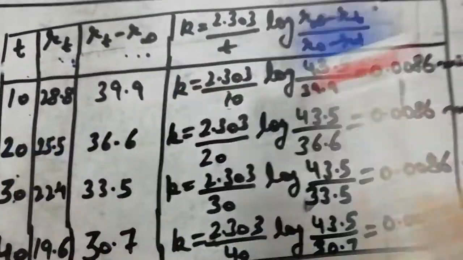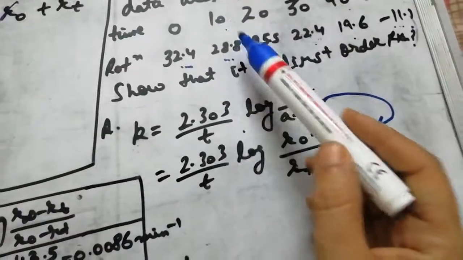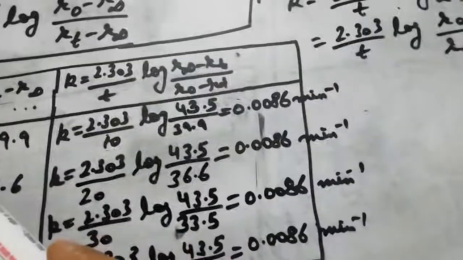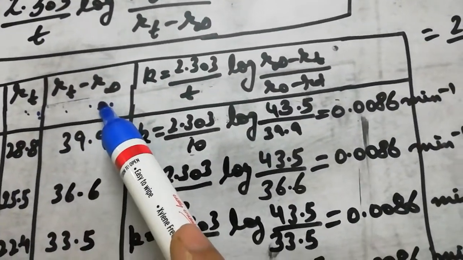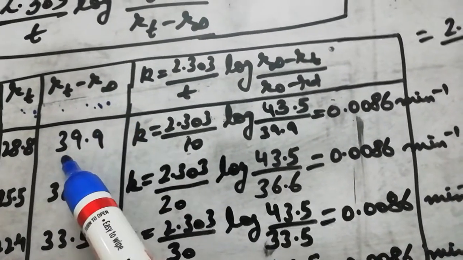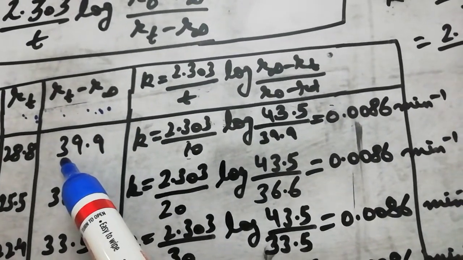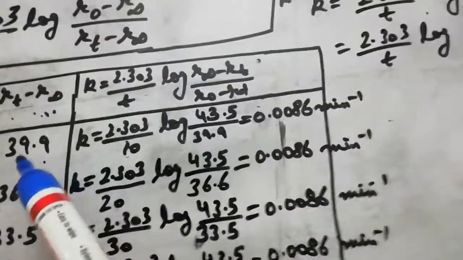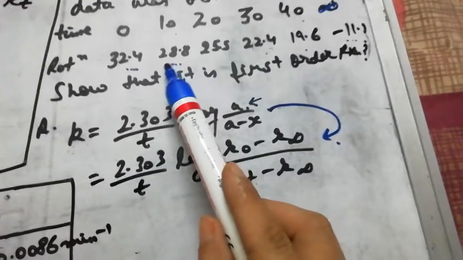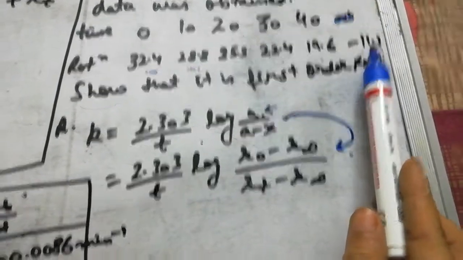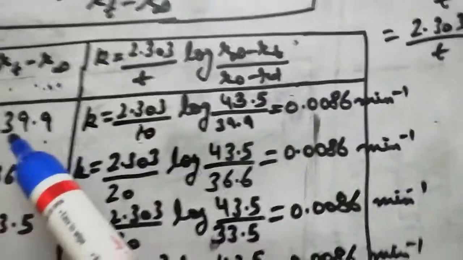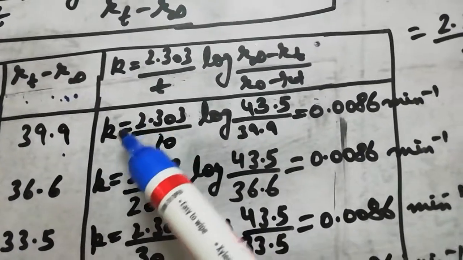At 10 seconds, the rotation is 28.8. Then you will find out the value of RT minus R infinity. RT minus R infinity means 28.8 minus 11.1. So this will come out to be 39.9. So K की value you will find out.